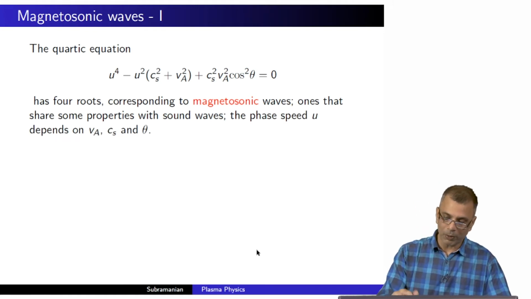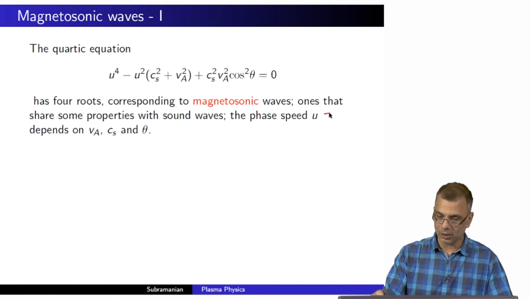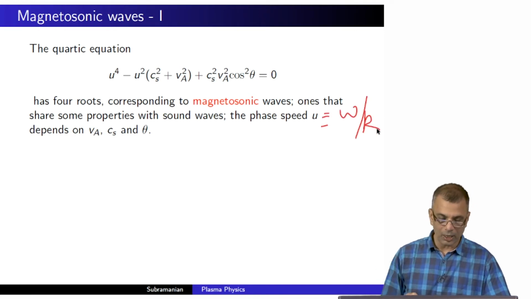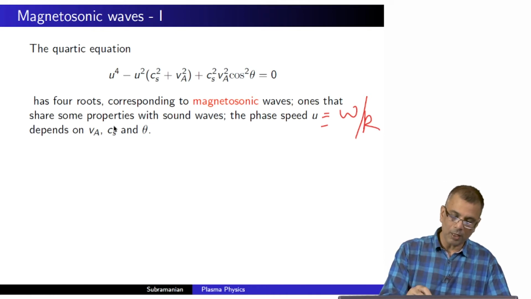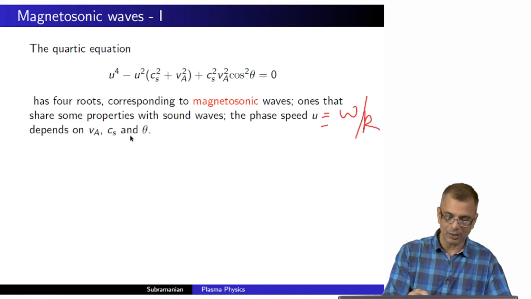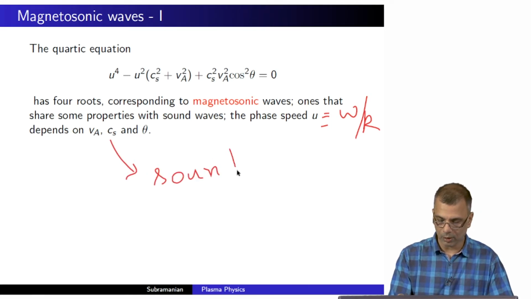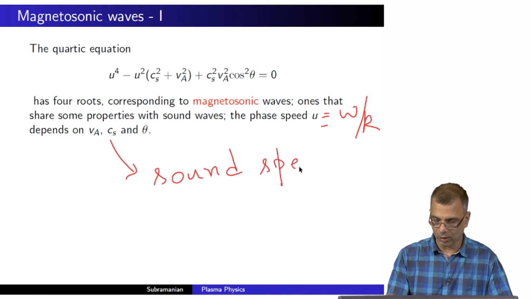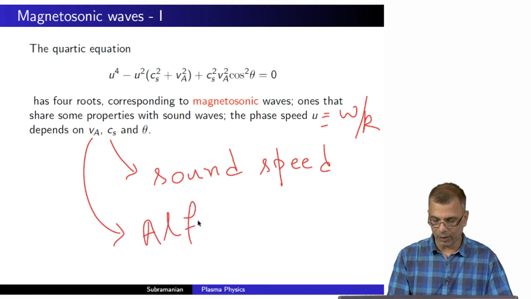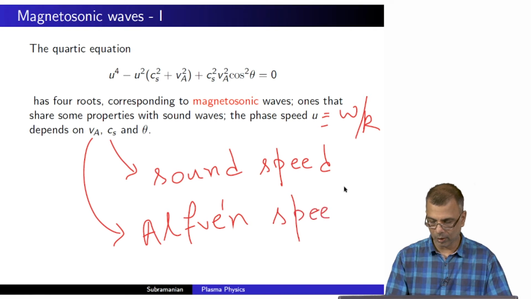However, the phase speed u, which is omega over k, right, it depends upon not only the sound speed cs, right? So this is the sound speed, and this is the Alfvén speed, right?